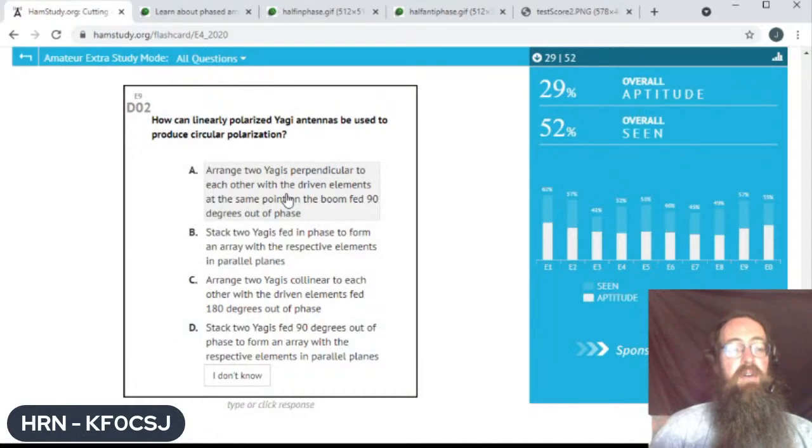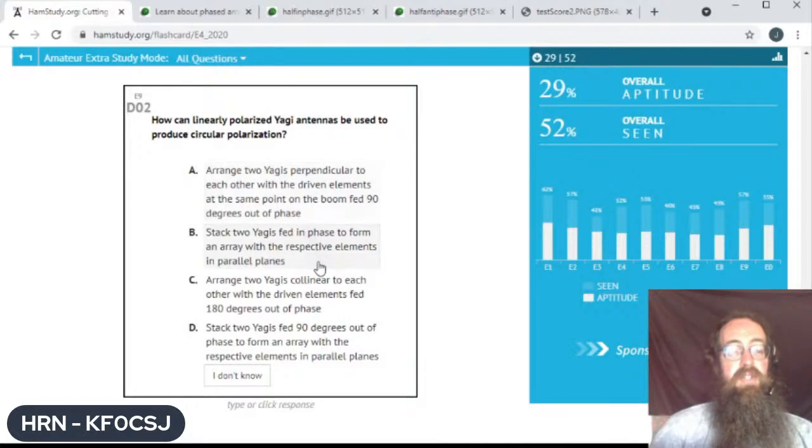E9D02. How can linearly polarized Yagi antennas be used to produce circular polarization? A, arrange two Yagis perpendicular to each other with the driven element at the same point on the boom fed 90 degrees out of phase.